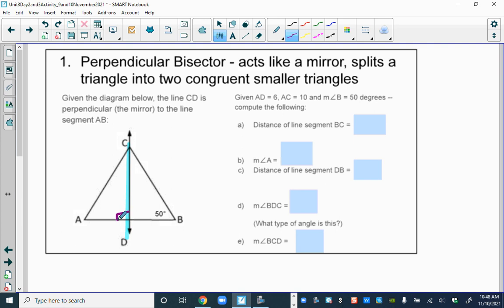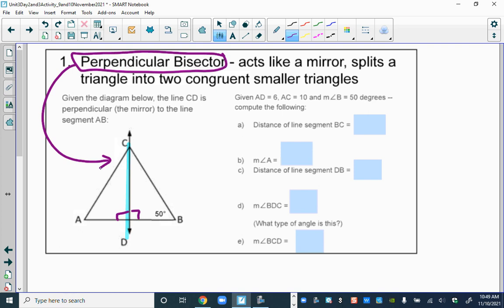So if there's a perpendicular intersection, what type of angle is formed? Begins with an R. That's a right angle. So that's your perpendicular bisector. Right away, two things take place: a mirror and a 90-degree intersection. Those are the two most important things, because that's going to help us with everything else in this whole problem.